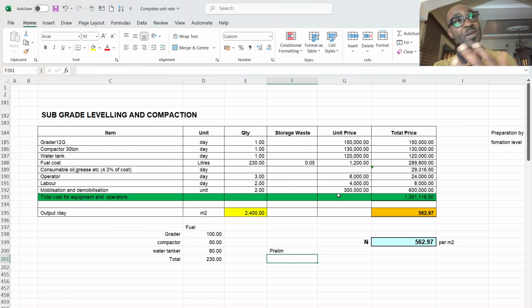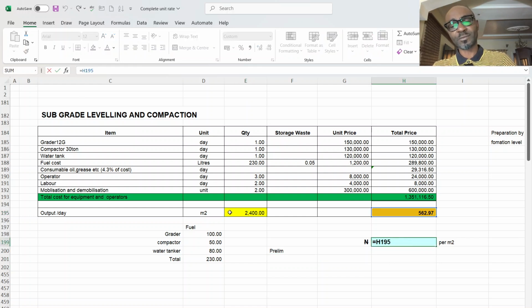If you now divide it by, say, 150, it will give you the square meter. Then you divide it by the total square area this equipment can accomplish for the day. It will now give you 562 naira per square meter.